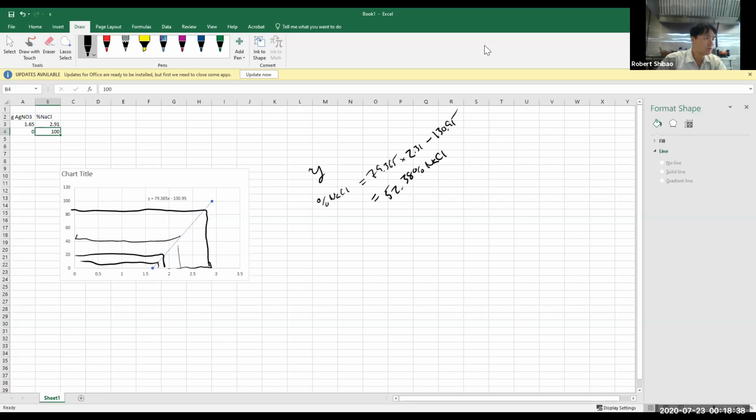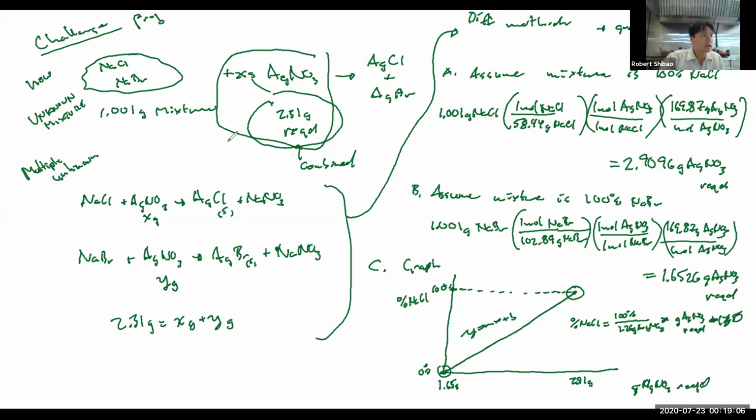Like this, sodium chloride requires more grams to react than sodium bromide. Sodium bromide only requires 1.65 if it were pure, and the sodium chloride would require 2.9 if it were pure. So the point of this is, based on how many grams of silver nitrate we use total, that is X and Y. This is two unknowns.